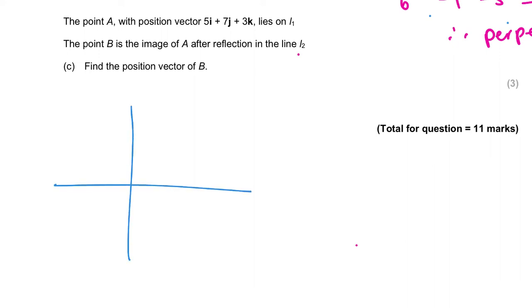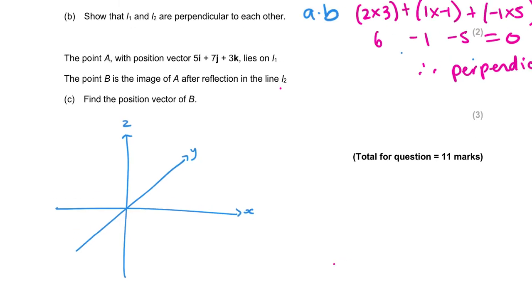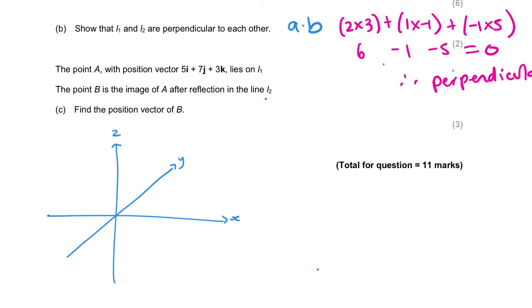So, we have our X, Y, Z. Now remember, this is all imaginary. So (5, 7, 3) is about here, because I've gone up, believe it or not.